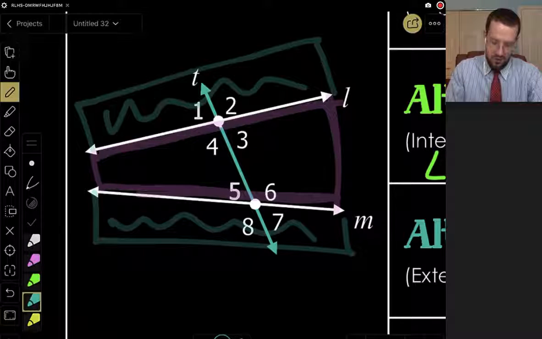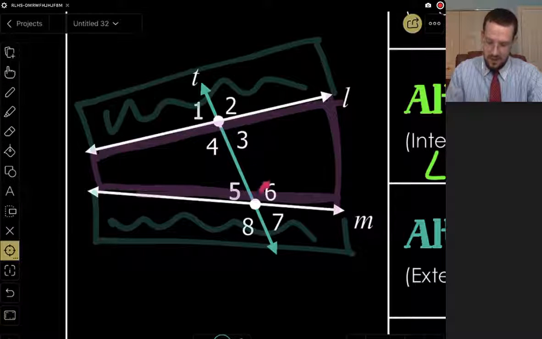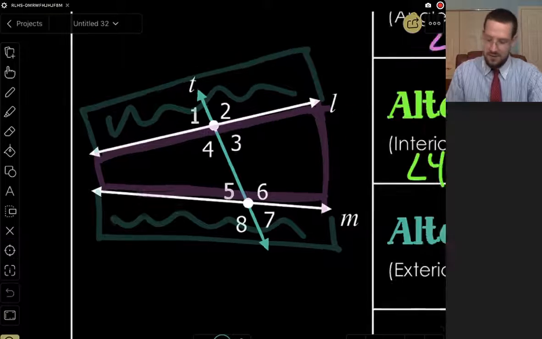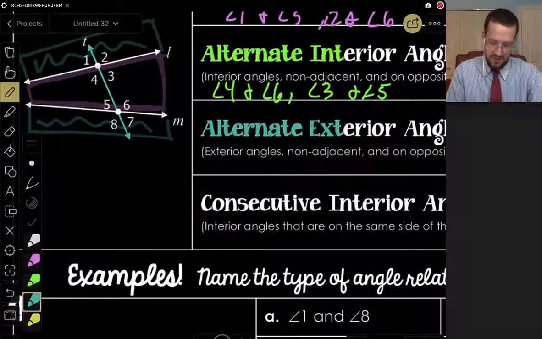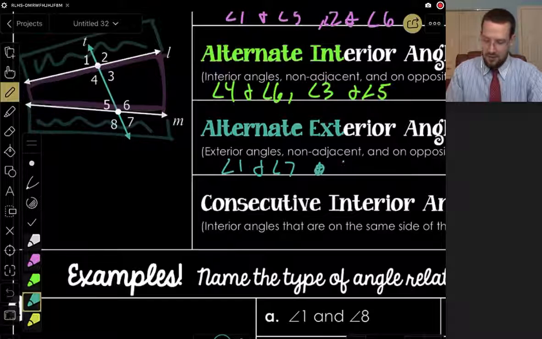So here's our sandwich, the bread, the meatloaf, and then there's alternating outside, exterior. So our alternating exterior angles are angle 1 and angle 7, and angle 2 and angle 8.